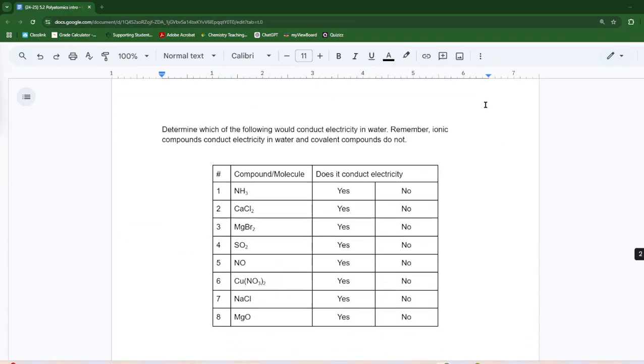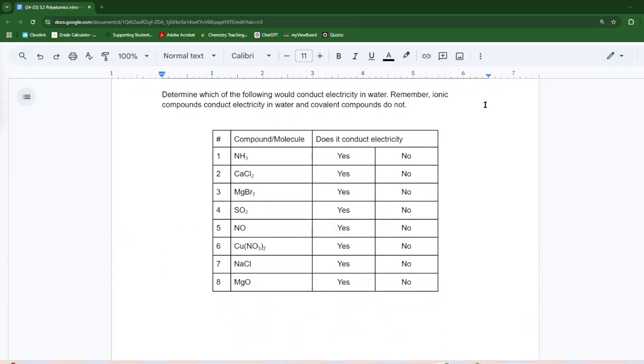Now the other side of this is actually really straightforward. Something we're going to learn about in class is that ionic compounds conduct electricity in water.